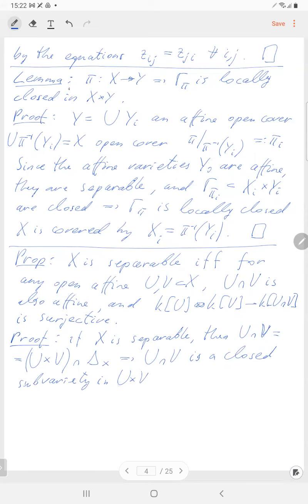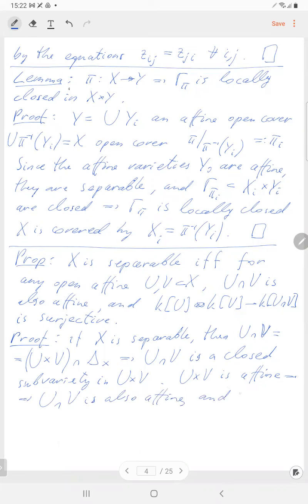Hence, the product is affine as well, as we argued last time. And a closed subvariety of an affine variety is an affine variety as well. So U times V is affine as the product of affine varieties, and hence U intersection V is also affine.